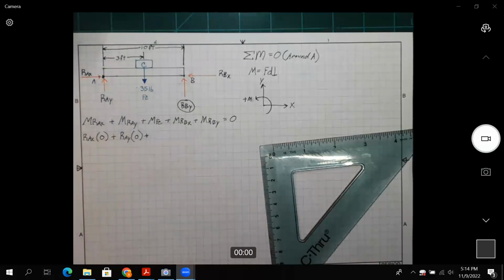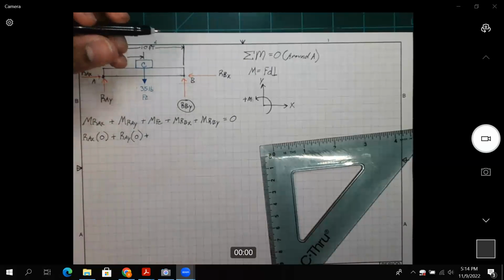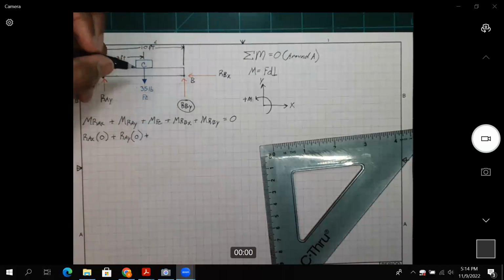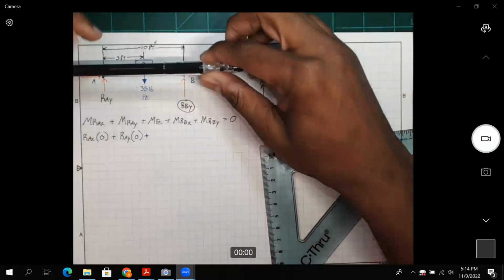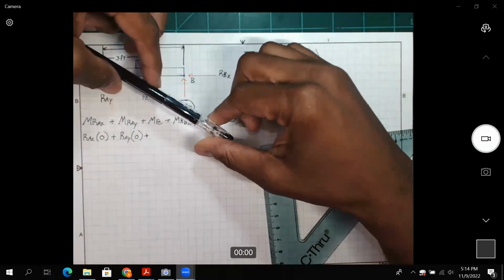All right, so we have 4C, okay? So we have a moment at 4C. Now, 4C is 35 pounds. We know the magnitude of 4C. So this force is acting on this beam and is pushing it in a clockwise direction.